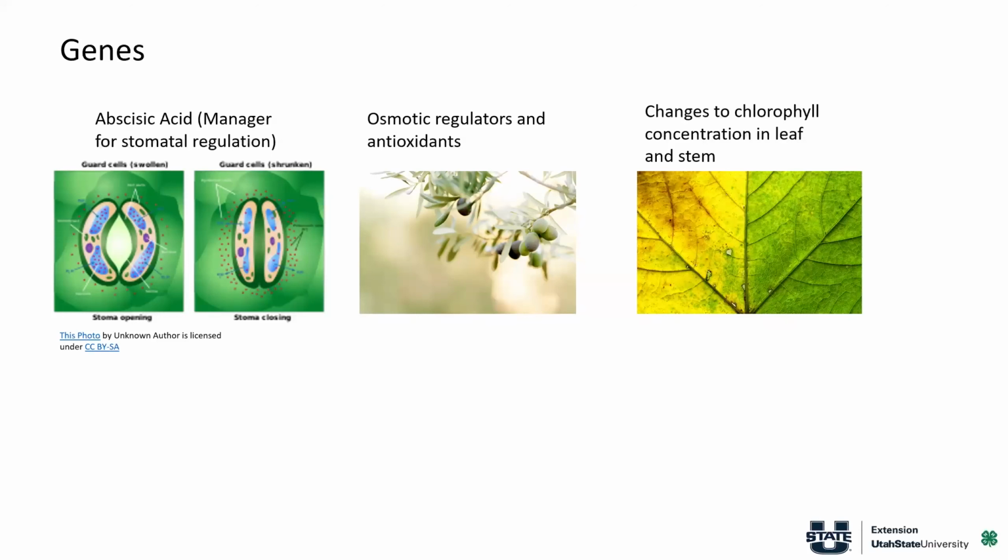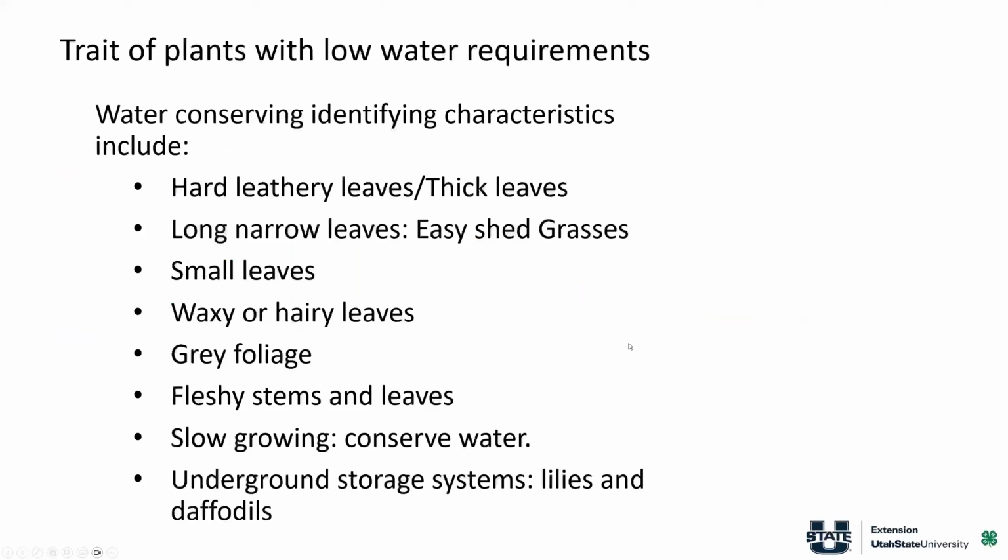Now, chlorophyll: some genes also change the concentration of chlorophyll in the leaf, and when there is less chlorophyll, there is less photosynthesis, they use less water, and plants are more adaptive or tolerant to drought. You can also easily tell if the plant is drought tolerant by looking at the traits of plants.